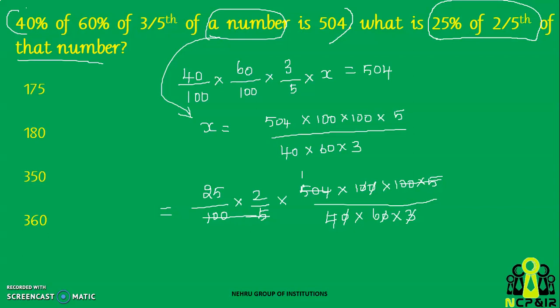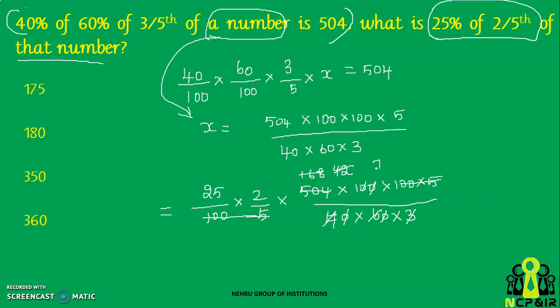This is 1 into 3 is 3, 6 into 3 is 18, 168 will be there. Again 168, if you take it as a multiple of 4, I can eliminate using this 4. This is 4 into 4 is 16 and 2. Okay, 42. So again 6 I can eliminate.